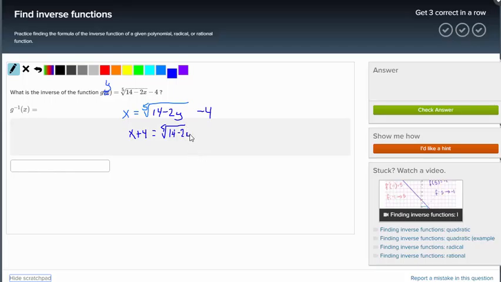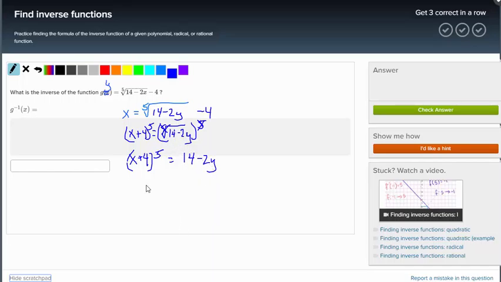What gets rid of a fifth root? What gets rid of a fifth root is a fifth power. So now I have x plus 4 to the fifth power equals the fifth root. Fifth root cancels with fifth power, leaving me with 14 minus 2y.